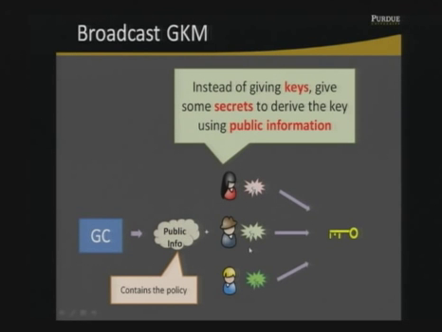And then later on, the group controller wants to allow the users to derive a symmetric key. For that, it publishes some public information. Depending on some policy, this public information encodes the policy and hides the symmetric key. And whoever satisfies that policy can combine the public information and their secret and get the symmetric key.